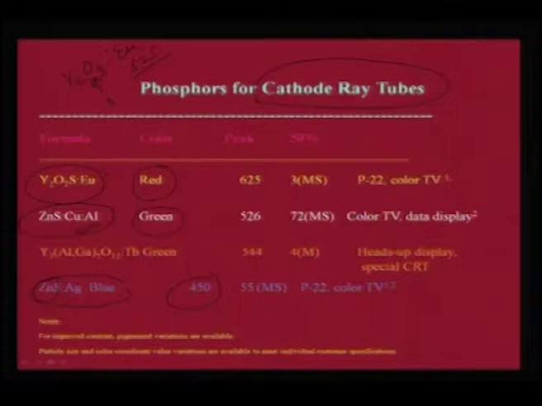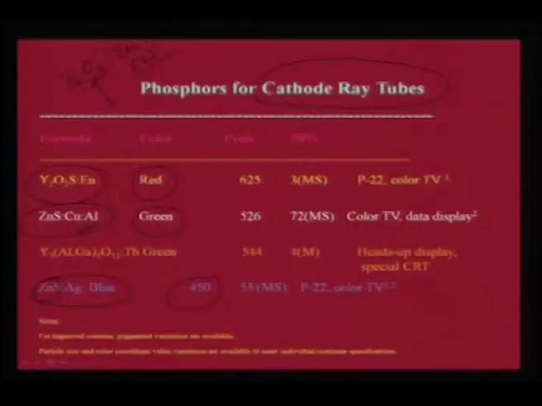In the whole issue of CRT phosphors, as you would see in the further slides, a number of examples are given. Many compounds have been traded commercially, and the most important phosphor of all is the zinc sulfide based one, because zinc sulfide phosphor is able to take care of both blue as well as green emission.